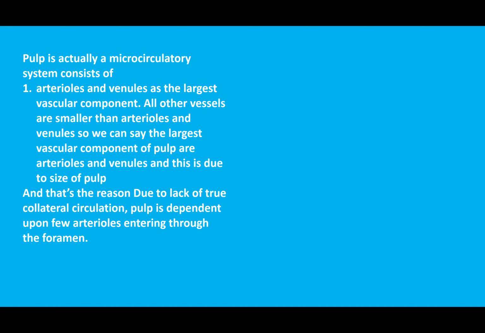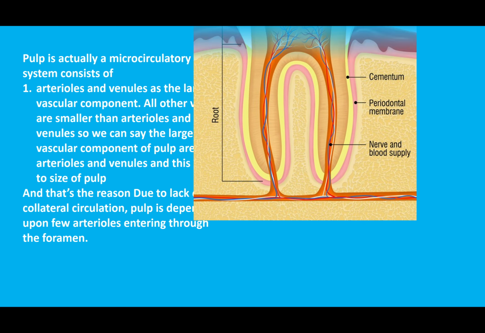Because the size of the pulp is small, the vascular system in the pulp is small, and due to this there is a lack of true collateral circulation, and that's the reason pulp is dependent upon few arterioles entering through the foramen.